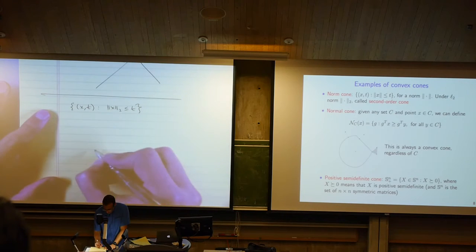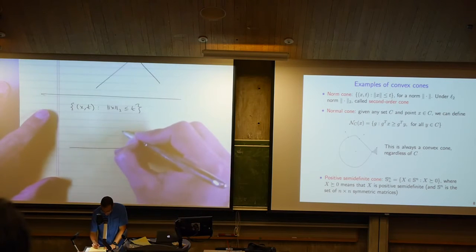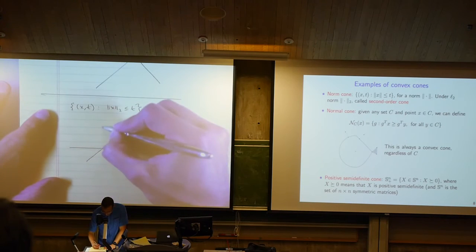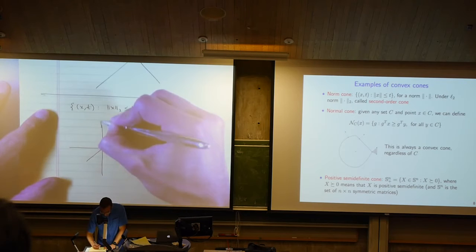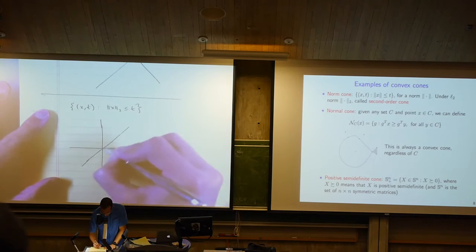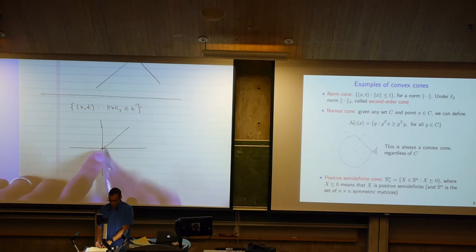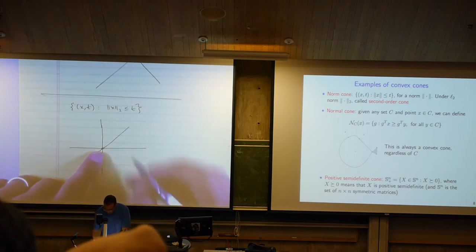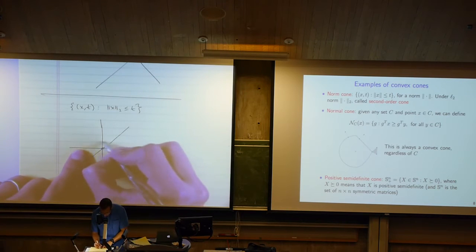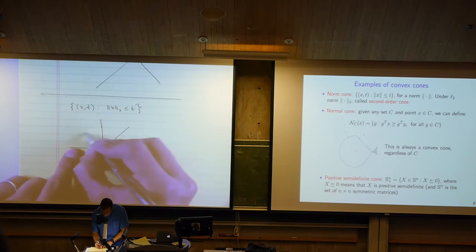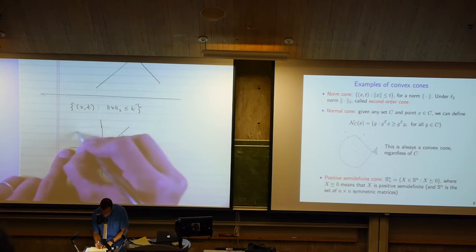And let's just draw it where x is two-dimensional. See if my skills will suffice here. So when t is 0, the only point in this convex cone is 0, right? It's the only point that satisfies this when t is 0. As t gets bigger, we're basically allowing bigger and bigger concentric circles.